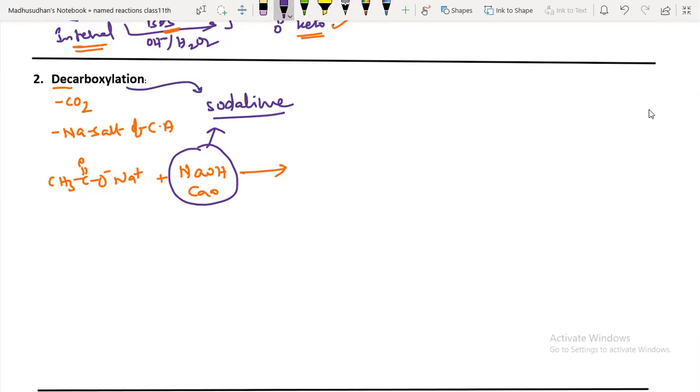So on removal of carbon dioxide, you are going to get methane, plus the byproduct Na2CO3. Okay, guys. In decarboxylation, when different compounds are given, there is an order of decarboxylation.